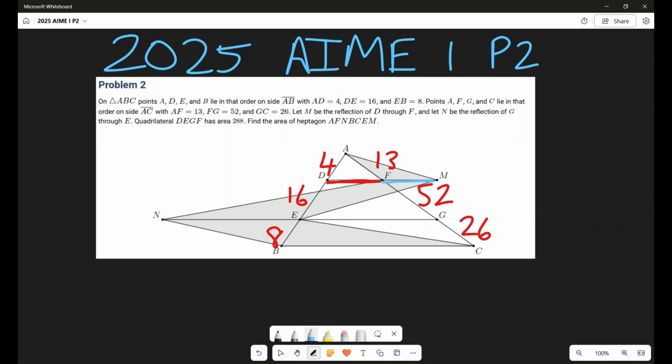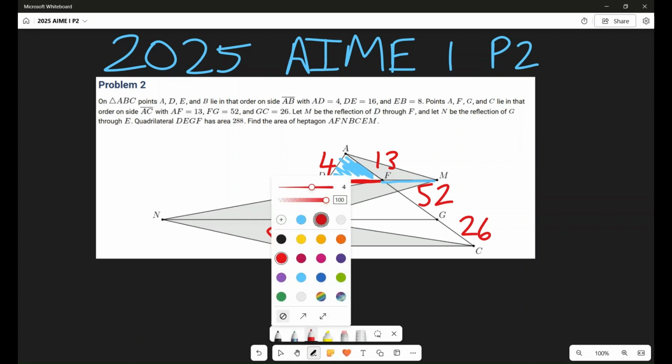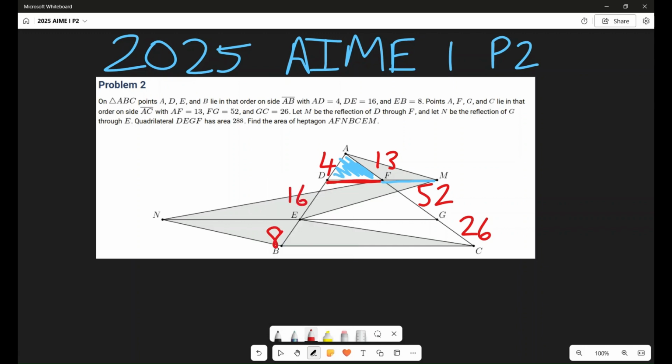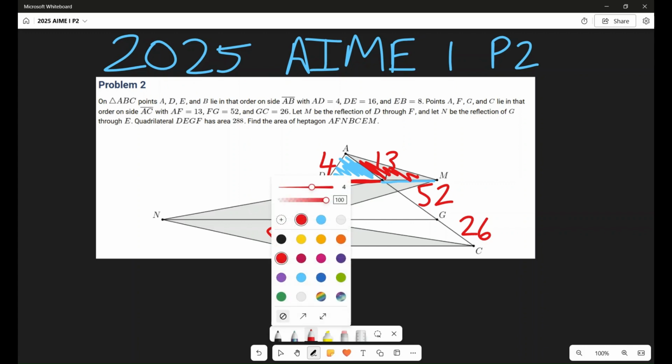In this case, the bases are congruent and the altitude is the exact same line. So we can shade in this region and we can get rid of this region, right? We have the area of ADF, and then we still have the rest of this heptagon, and it's still looking really weird. But maybe we can repeat what we just did. So we'll take a new color, say green.